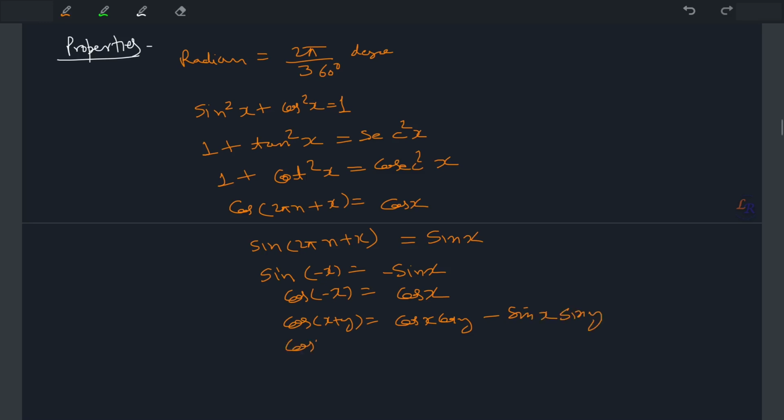Similarly, if you take cos x minus y, then this sign changes, the other remains the same. So cos x cos y plus sin x sin y, right?